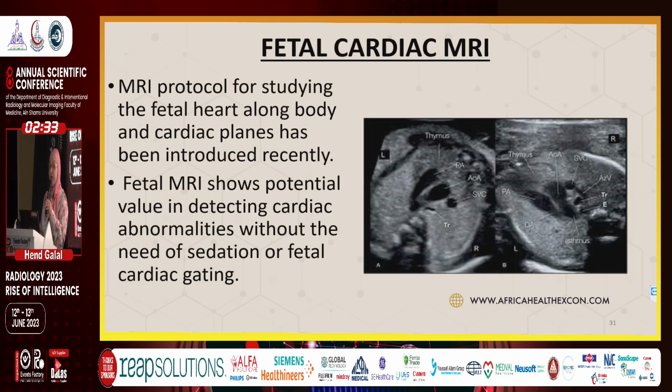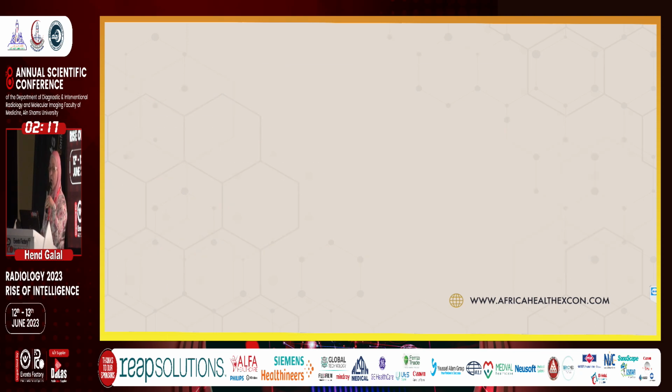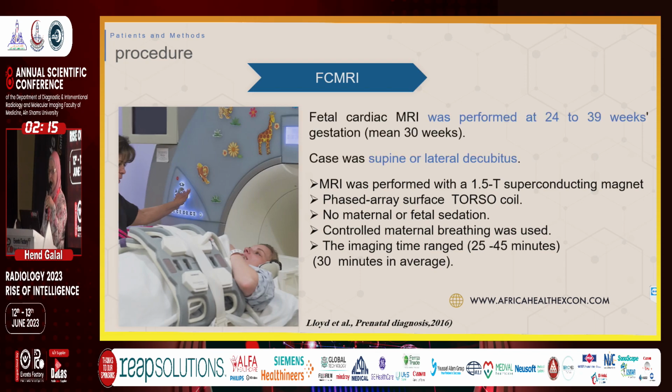Now we start with fetal cardiac MRI. It is a study of the fetal heart along body and cardiac planes, which has potential value in detecting cardiac and extracardiac abnormality. So we want to highlight the advantages of MRI over fetal echo. Its performance, as we said before, is between 24 to 39 weeks gestation.